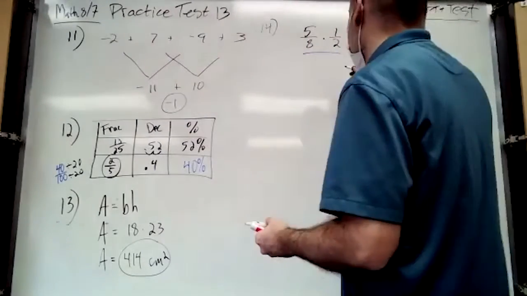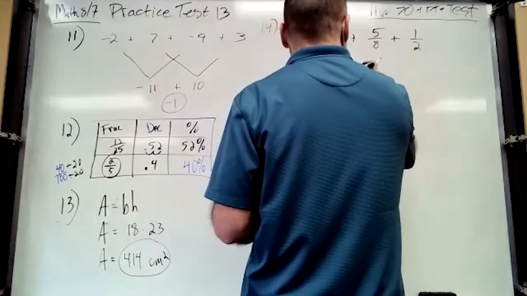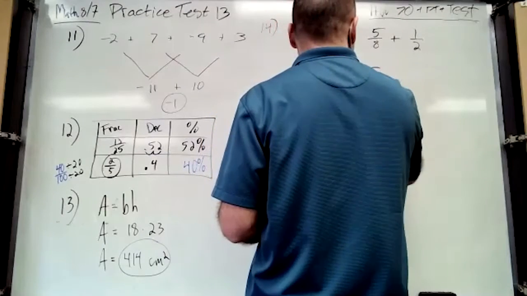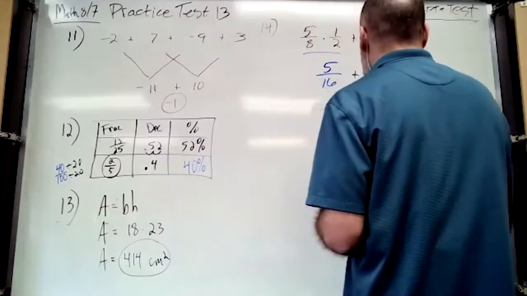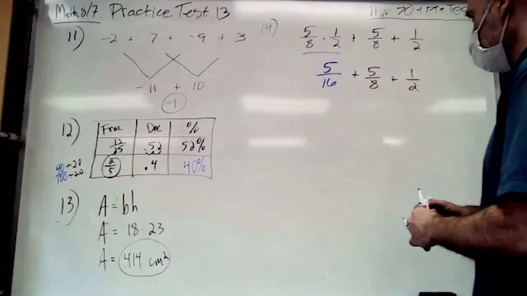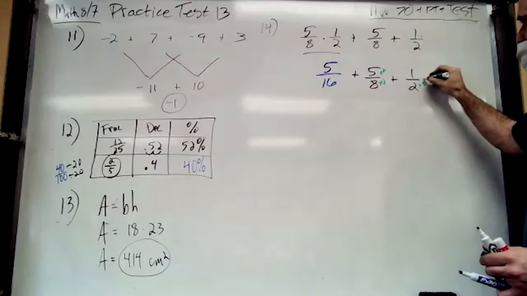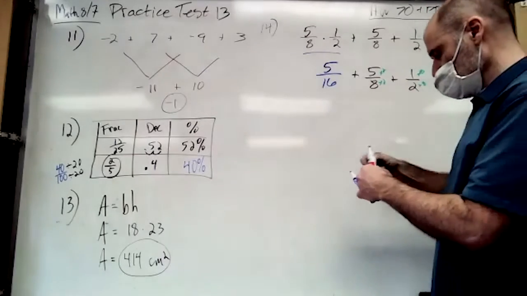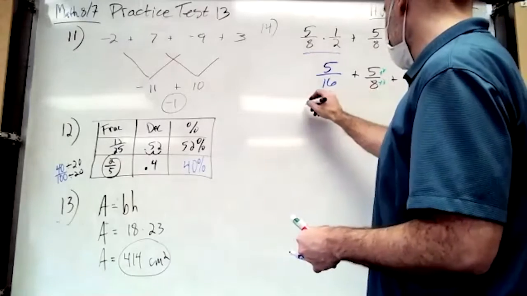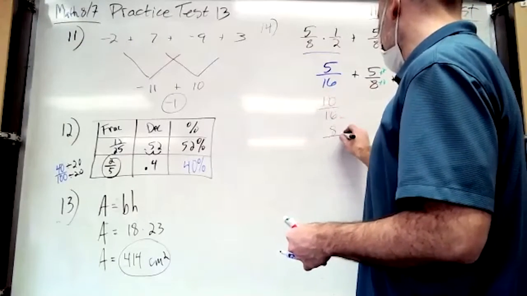Just be careful. So this is going to be 5/16, right? Plus 5/8 plus 1/2. So these all need to be added. So what's my common denominator of 16, 8, and 2? 16. Yeah, so I can multiply that by 2, and multiply that by 8. So then this becomes 5/16 plus 10/16 plus 8/16.